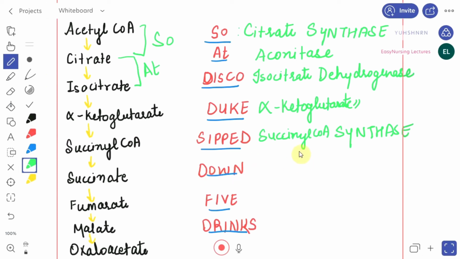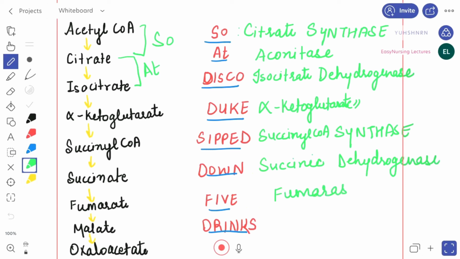From D we again have dehydrogenase. Whose dehydrogenase is occurring? Succinate, so succinate dehydrogenase will occur. Now from F we have fumarase, and from Drinks we have malate dehydrogenase.